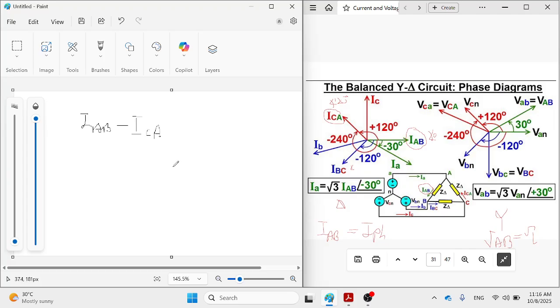Okay, I, which is equal IA. Can you do this one? Means calculate IA by yourself. We know IAB is what? Is IA minus IB, then IA minus IB, then minus IC, minus minus plus IA equal something.